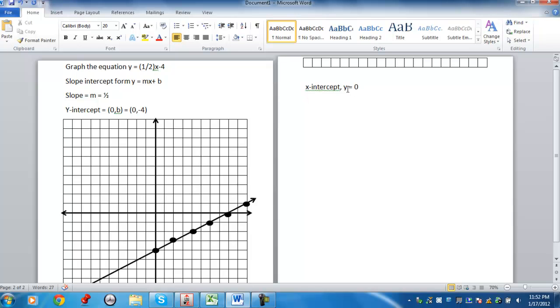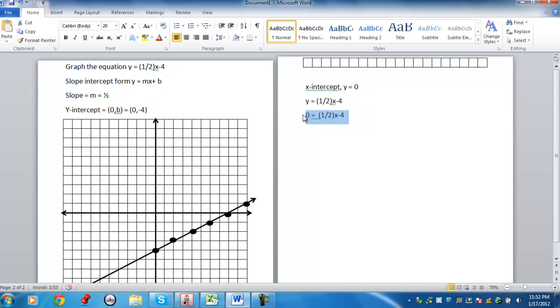So if I have the equation y equals 1/2 x minus 4, what I could do is say, okay, replace y with 0, and then solve for x. Meaning that from here, just go through the steps of solving for x, meaning that we have to get x by itself.